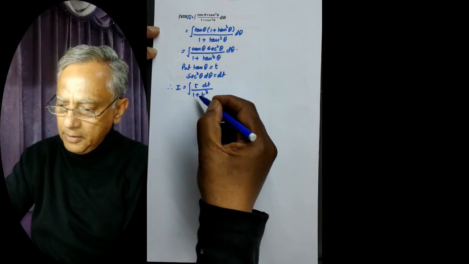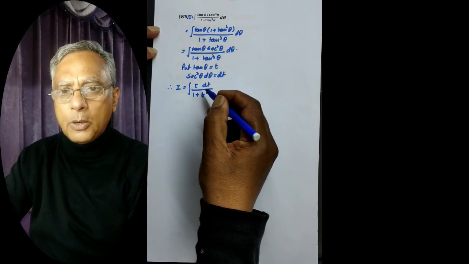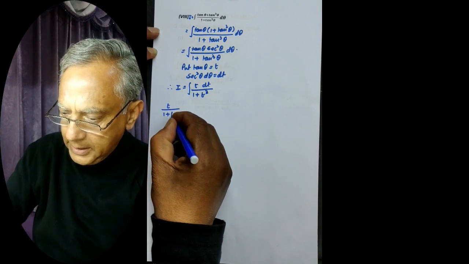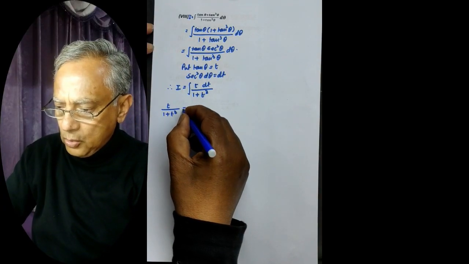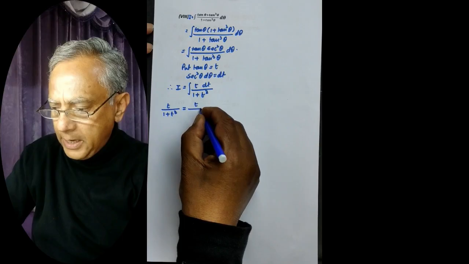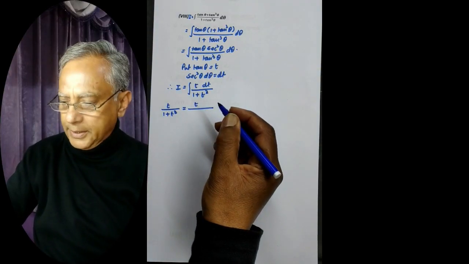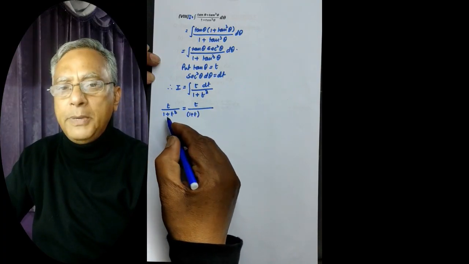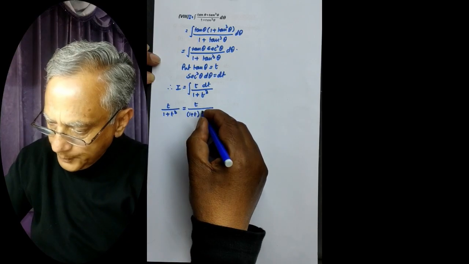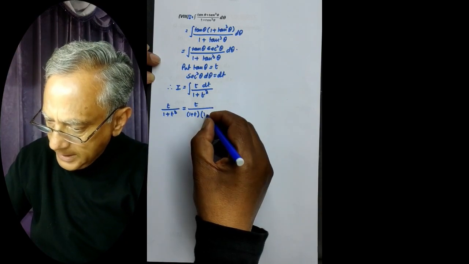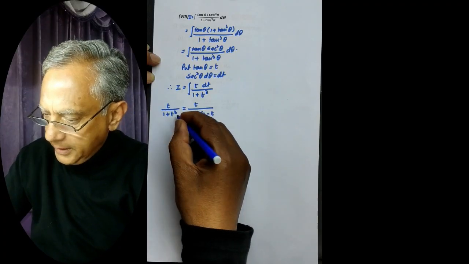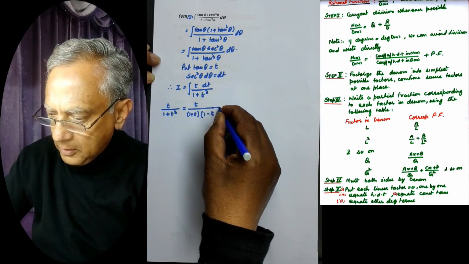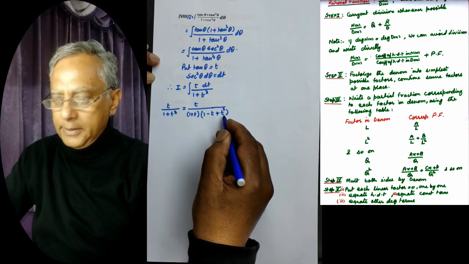Now this is a rational function, so we will reduce this into partial fractions. We can write t over 1 plus t cube is equal to, first step is factorize the denominator into simplest possible factors. So factors of this are 1 plus t. Factors of a cube plus b cube are a plus b into a square minus ab plus b square, that is t square. 1 plus t into 1 minus t plus t square.